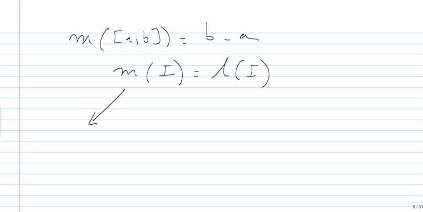Property number one: when we translate a set, we want to preserve the measure.